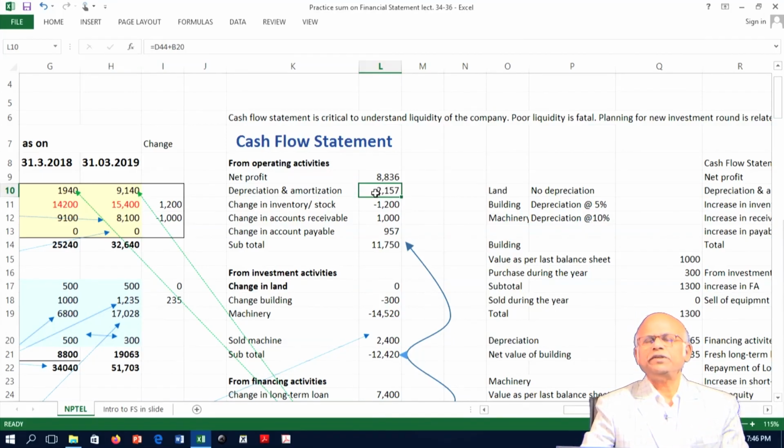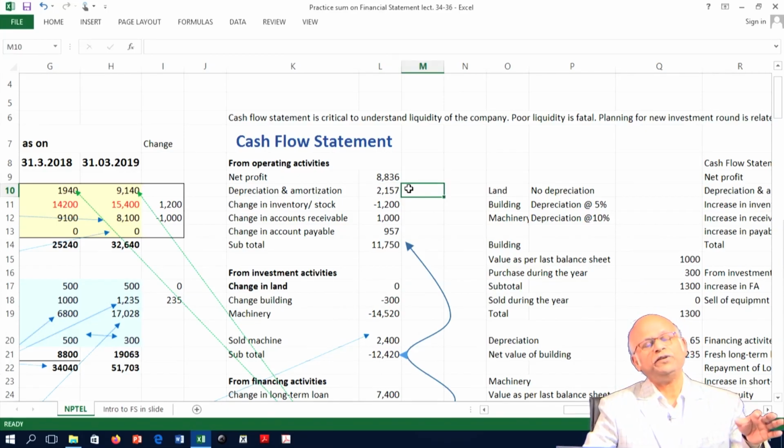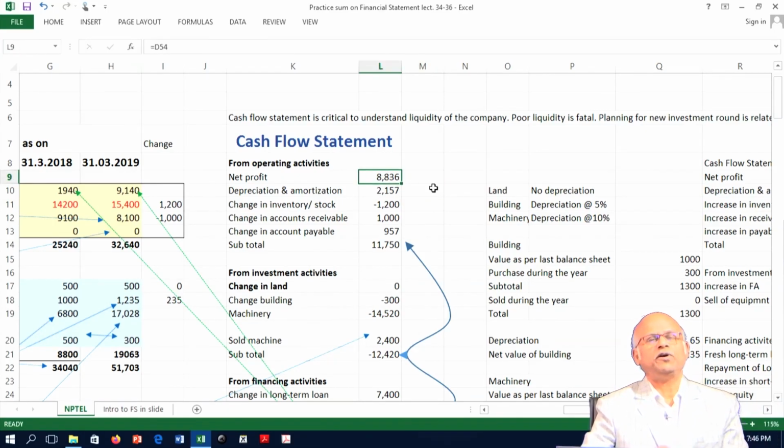It is going away from the profit in the books, but your money remains with you. That is why it is a positive cash flow from a cash flow point of view, because you have deducted that from profit. If you would not have deducted it, your net profit would have gone up. So, from that point of view, depreciation is a positive cash flow.